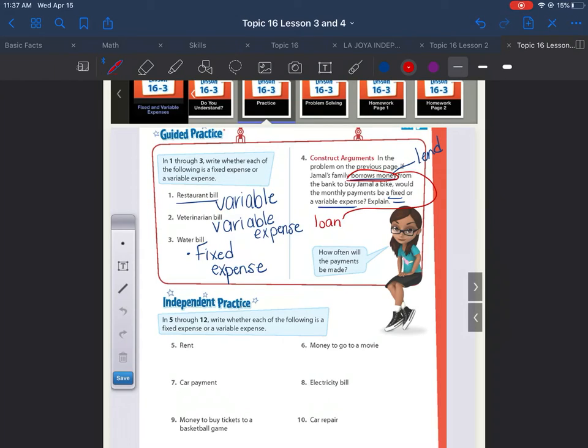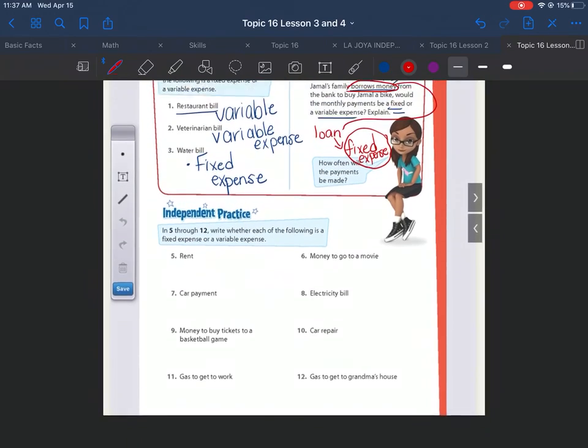You can have a loan for a car, a house, for anything. But whenever you have a loan, the loan payment is going to be a fixed payment. Why? It's going to be a fixed expense because every month you're going to have to be paying back the bike until you have finished all your payments. Okay?